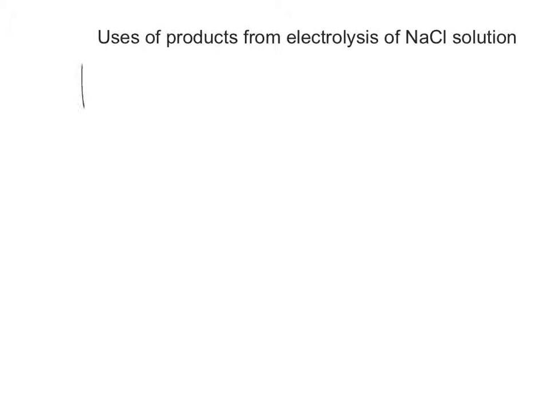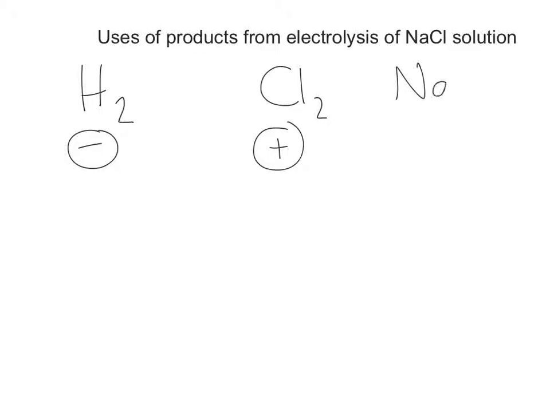So our 3 products are hydrogen gas at the negative electrode, chlorine gas at the positive electrode, and sodium hydroxide in solution. You need to be aware of some of the uses of these 3 products.